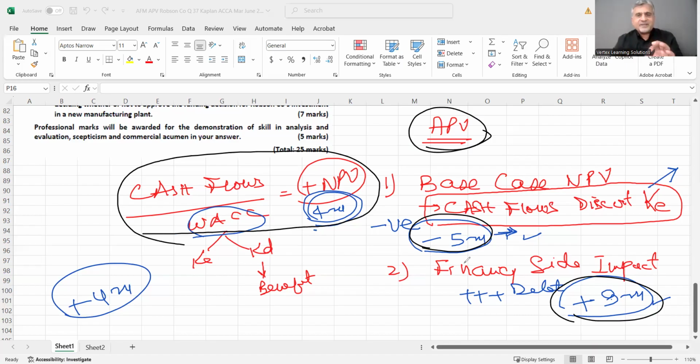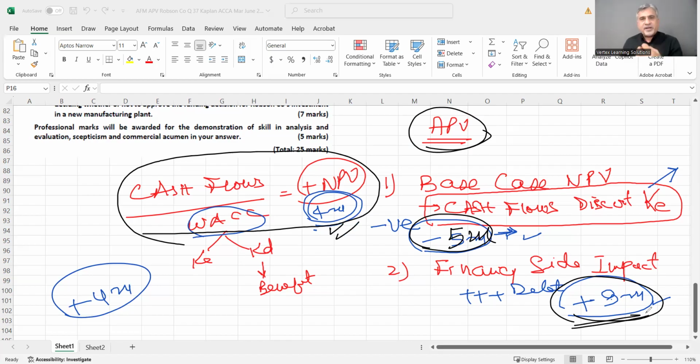The only reason for doing this project is the financing side benefit. Otherwise, the project itself is giving 5 million negative. Any benefit which you see here is actually not the result of the operational activities of the business. It is actually the result of the financing side benefit.